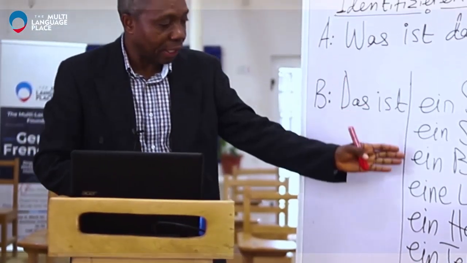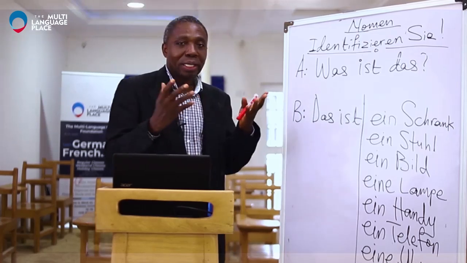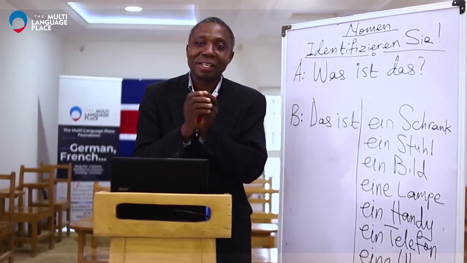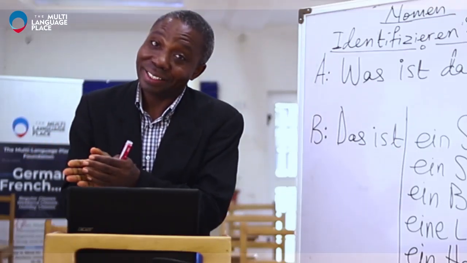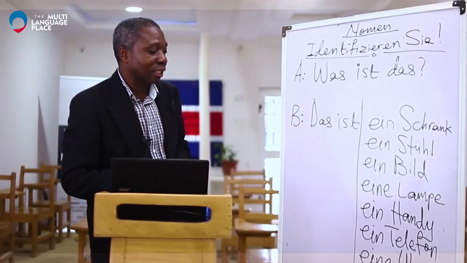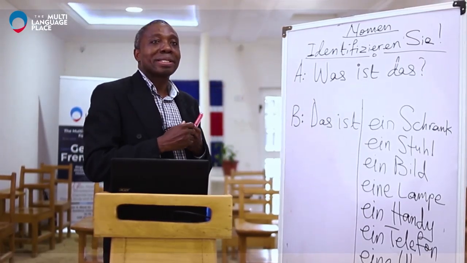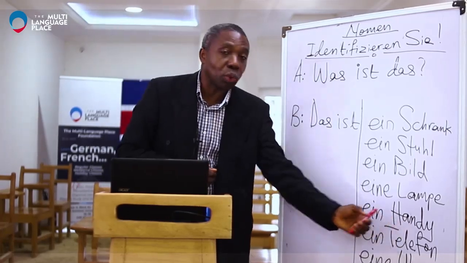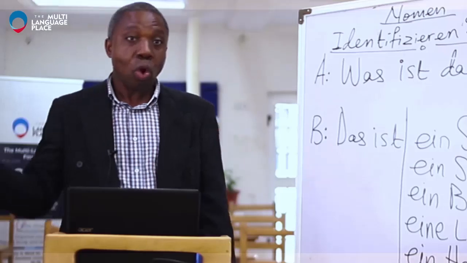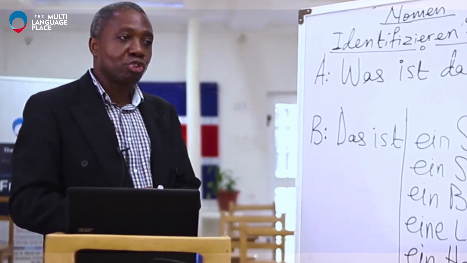So we have the indefinite article here, and the question you may be asking is, how do you know the one that is masculine from the one that is neutral? Well, with time, you get to know that. Remember yesterday we talked about the gender, and we said something in relation to this word, Handy, that words that are borrowed are likely to be neutral.